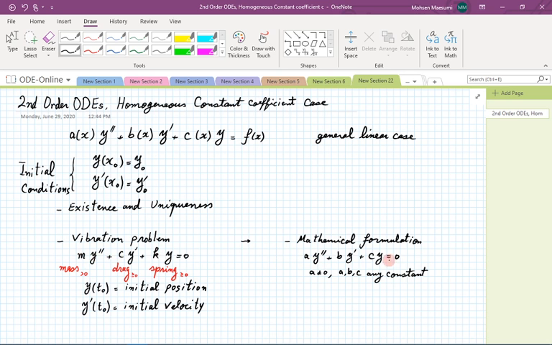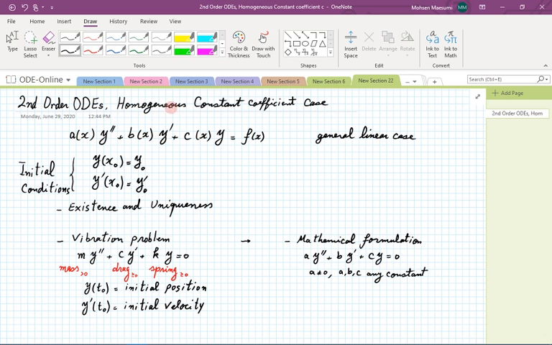So we are going to take a look at this problem and see how we are going to solve it. Before starting that, let's become familiar with the terminology. If these are variable coefficients, that's where the difficulty will be. That is something we are going to study perhaps later on. Right now, a, b, c are just constants, so there is going to be no variable in these locations.